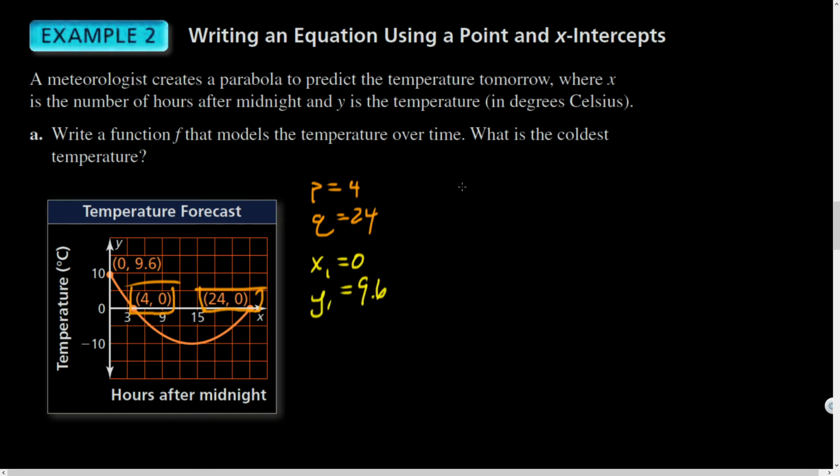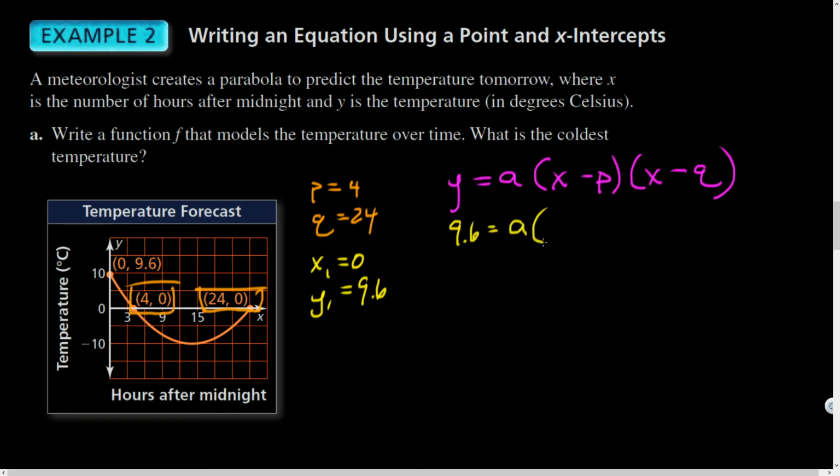And so what is my general, or I don't want to say general form because we use that terminology elsewhere in mathematics, intercepts form. So y equals a times (x minus p) times (x minus q), where p and q are my x-intercepts. And so per usual, I'm just going to plug in what I know. So 9.6 is a particular y value that makes that equation true.